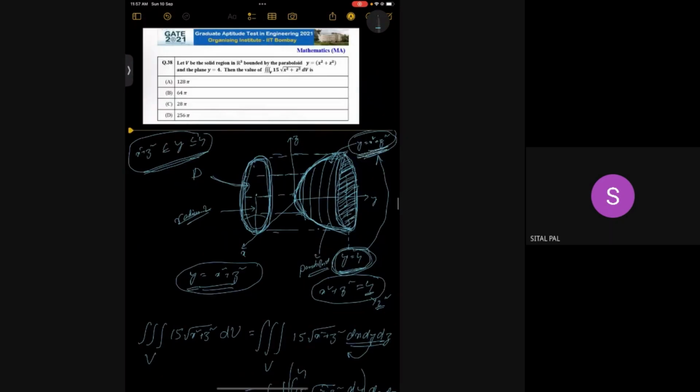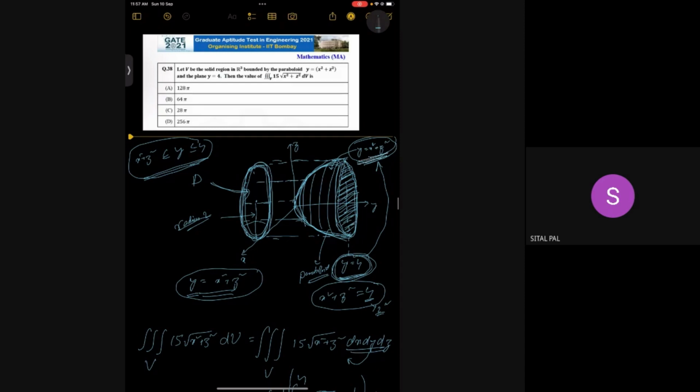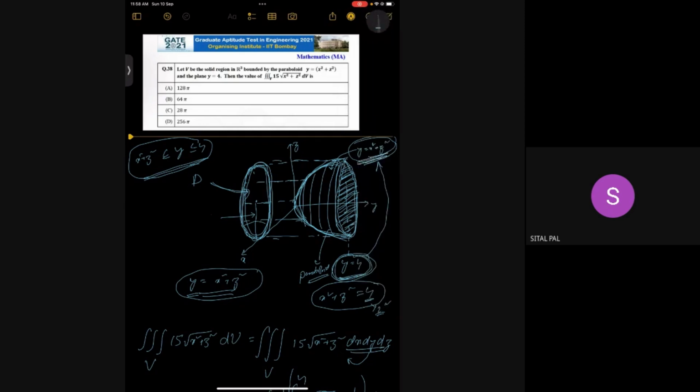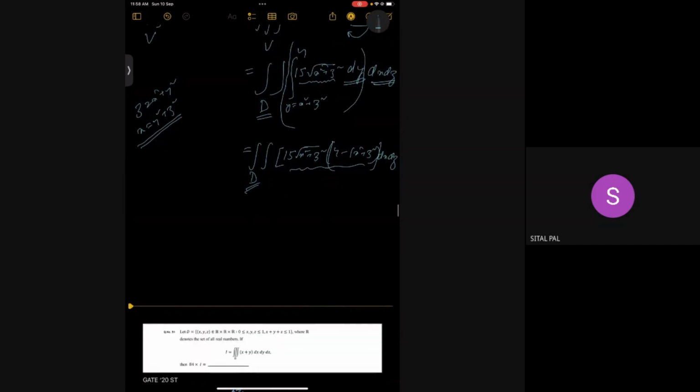And again notice that this D is our disk, and this was of radius 2, right? And we have expressions like x squared plus z squared, x, z, and the disk.